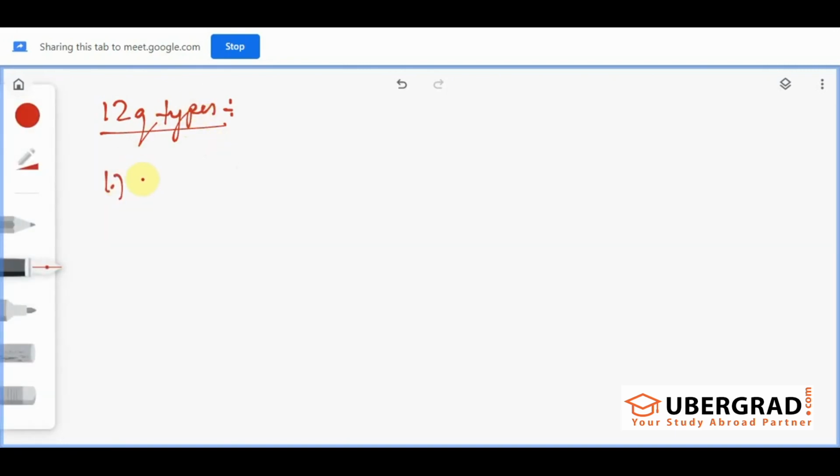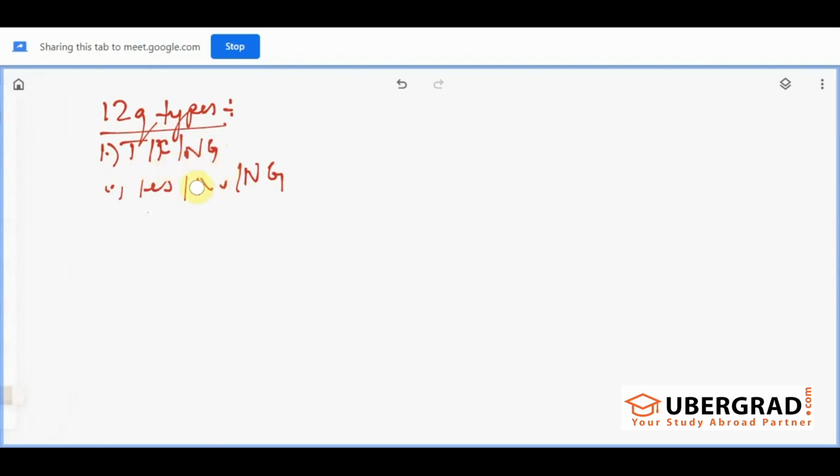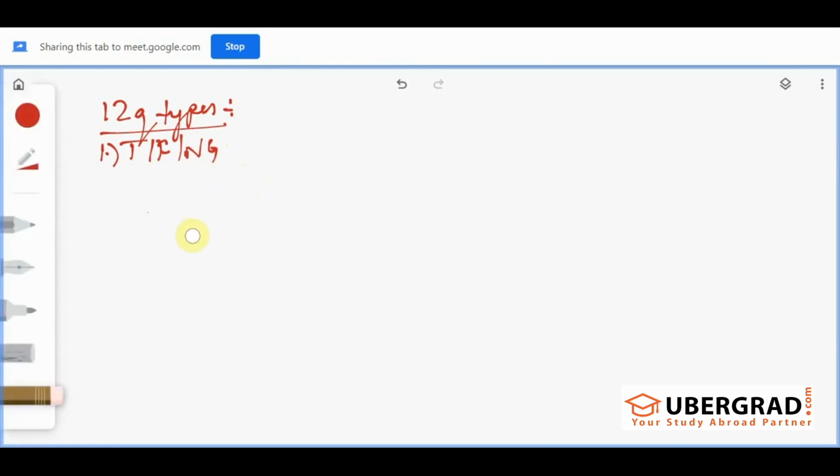Alright, so the first question type that we will see is yes, no, not given. Or let's invert the sequence. The first question type will be true, false, not given. Second is yes, no, not given.